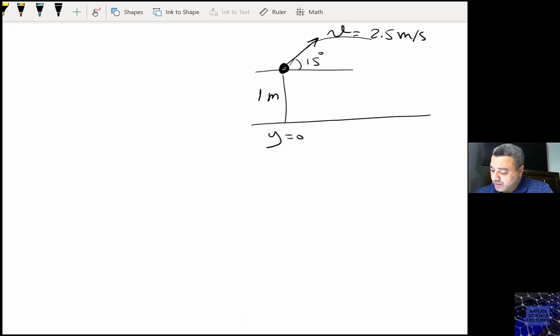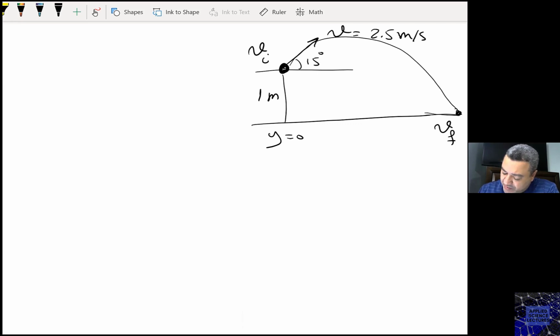We need to calculate the velocity right here. So if I call this one V initial and this one VF, and use the conservation of energy, where basically I need to calculate the EK and the EP at this point, and the EK and the EP at this point as well.